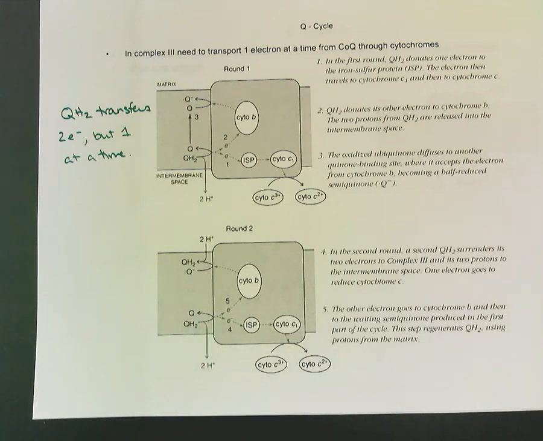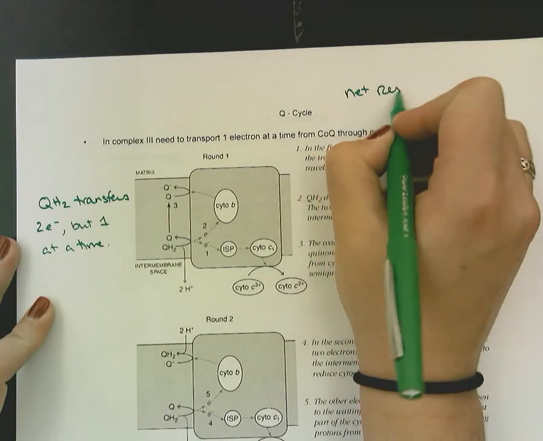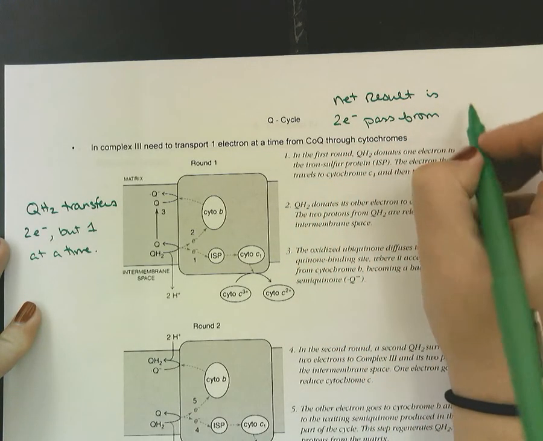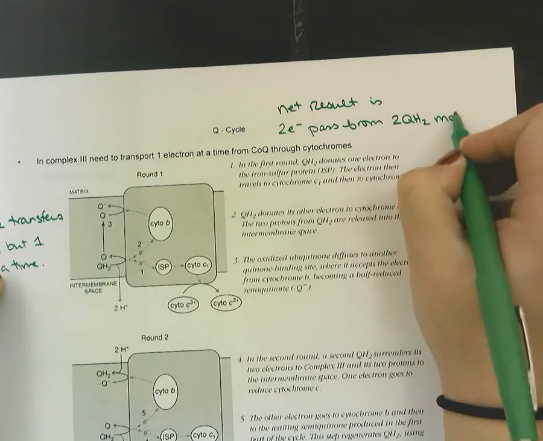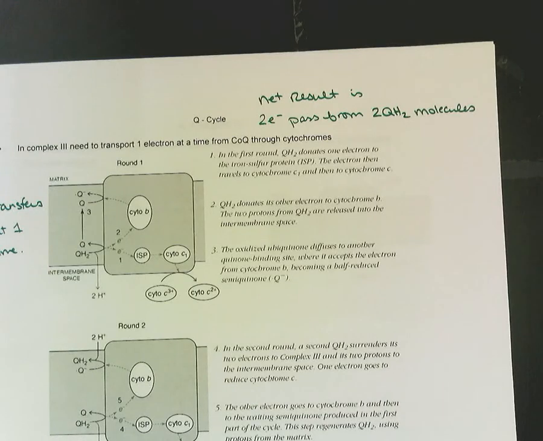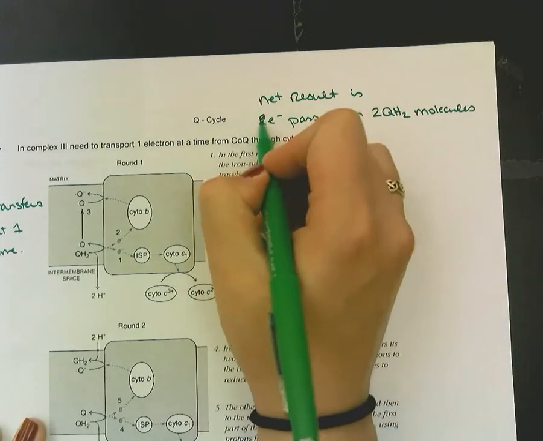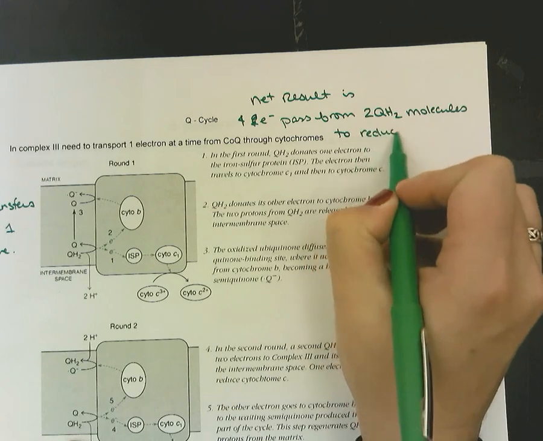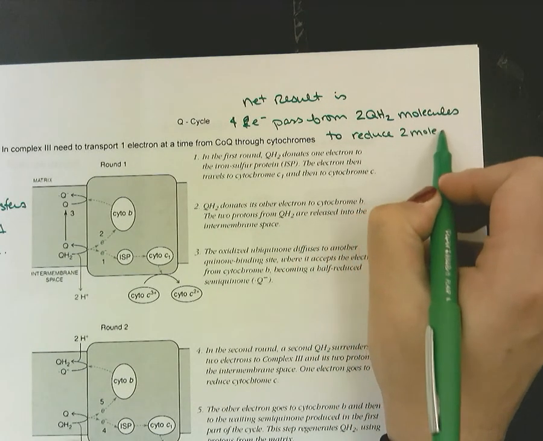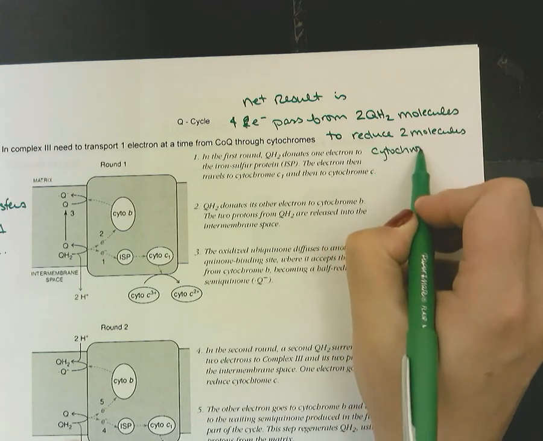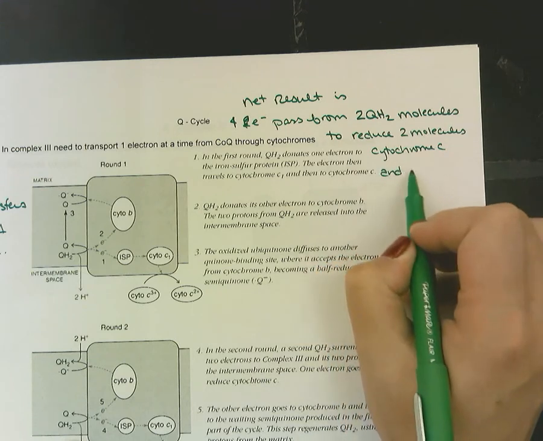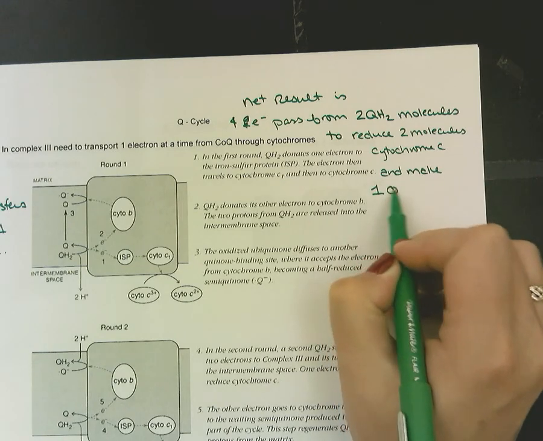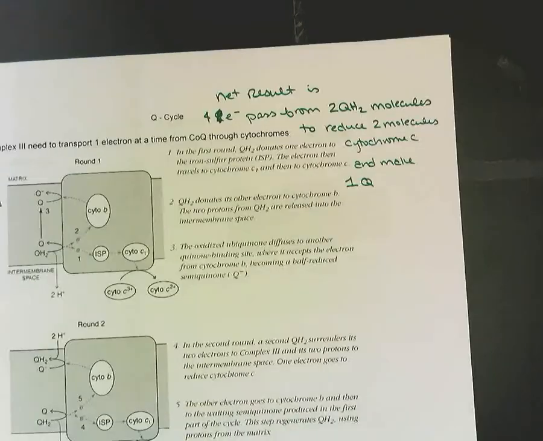So in the end, the net result is we're going to pass 4 electrons from 2 QH2 molecules.